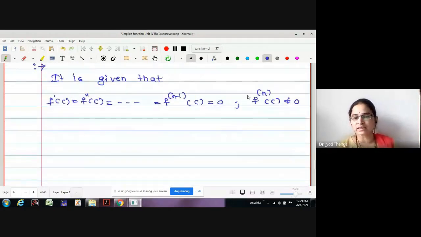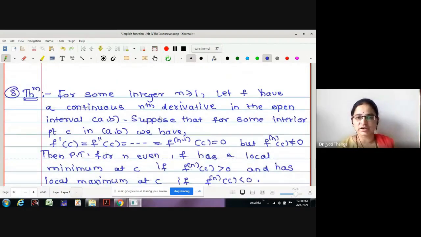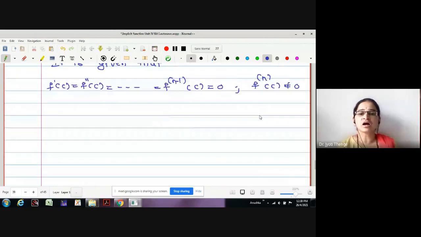Now look at this: the nth derivative of the function at the point C is not equal to 0. The function is given to have a continuous nth derivative, which means the derivative itself is continuous. Therefore, one can find a small neighborhood around C on which the value is non-zero.